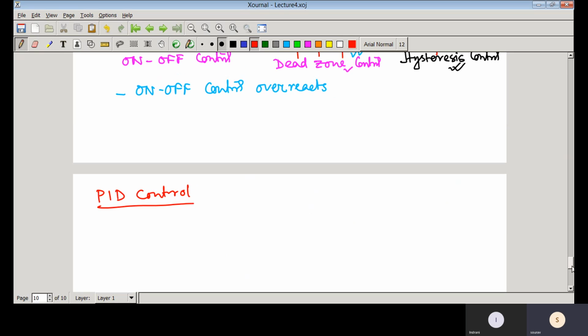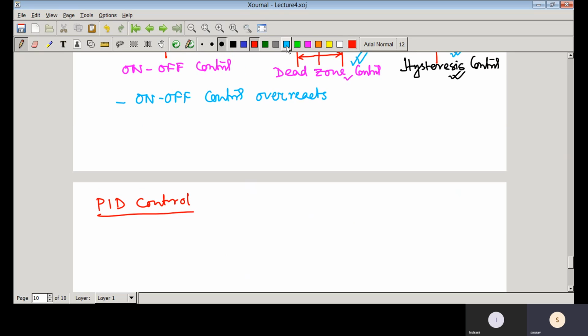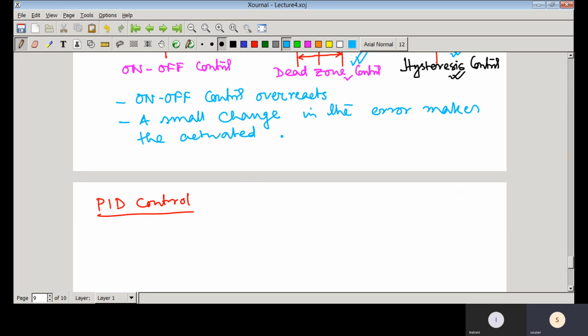Here I can also point out, better to elaborate, that a small change in the error makes the actuated variable, that is U, change over the full range.